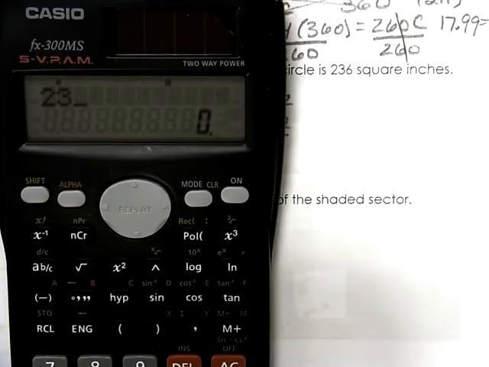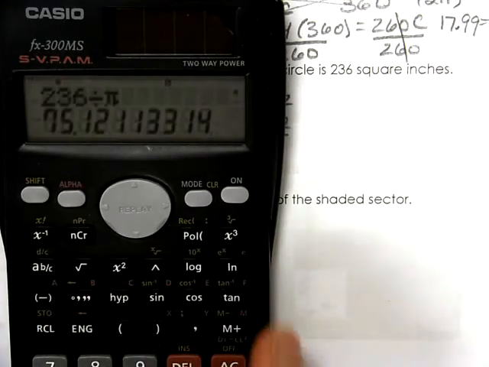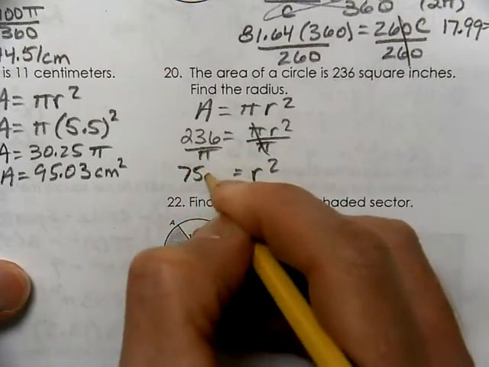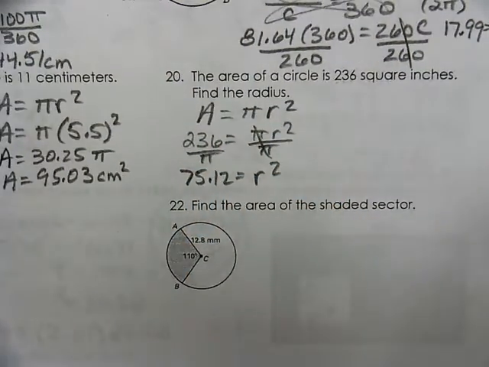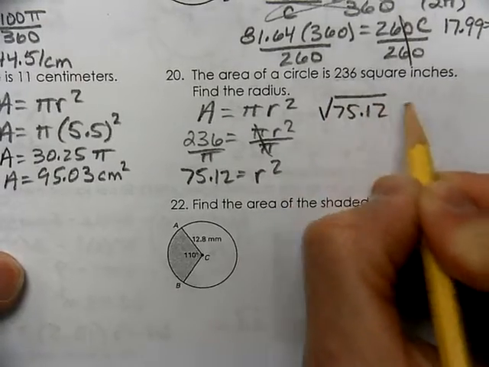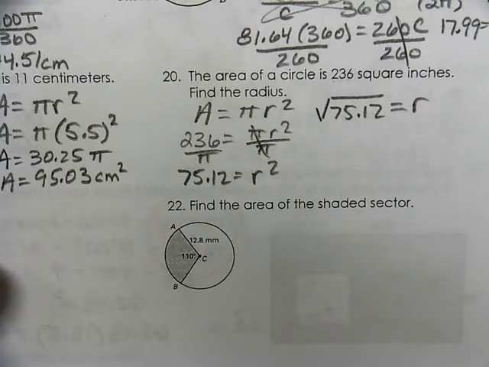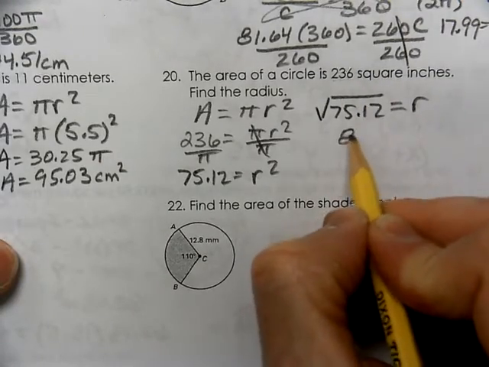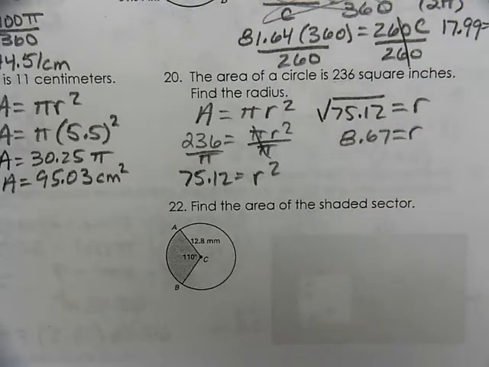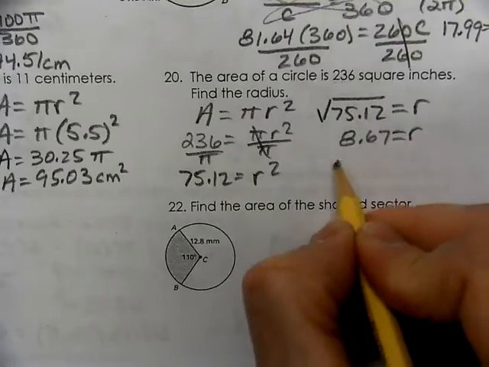So if we take 236 and divide that by pi, we're going to get 75.12. We can take the square root of 75.12. That'll give us r. That should give us 8.67 for r. And those would be inches.